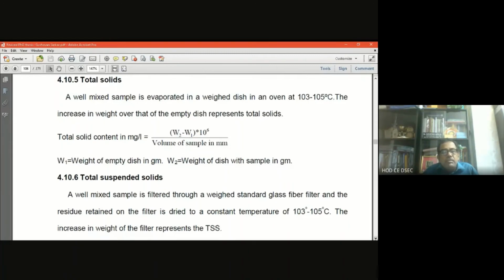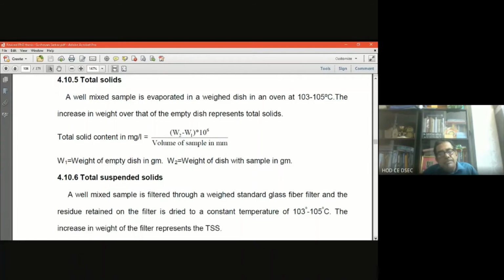The difference of the two weights, W2 minus W1, will give you the solid content weight, which is W2 minus W1 into 10 to the power 6 divided by the volume of the sample. Say you have taken 50 ml of wastewater, and the weight of the dish with sample after oven drying is W2 gram, and the initial weight before taking the sample is W1 gram.